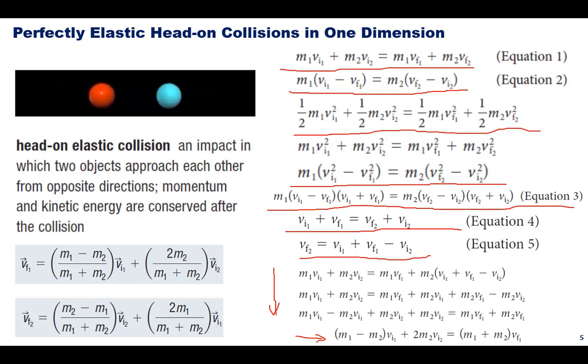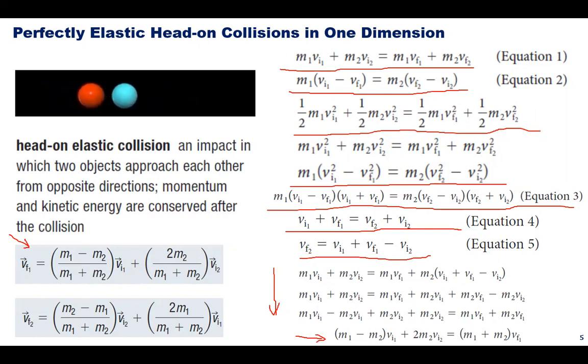This gives us a formula like this. The final velocity of m1, which is denoted by vf1, equals m1 minus m2 over m1 plus m2 times the initial velocity of mass m1, denoted by vi1, plus 2m2 over m1 plus m2 times the initial velocity of the mass m2, which is denoted by vi2.